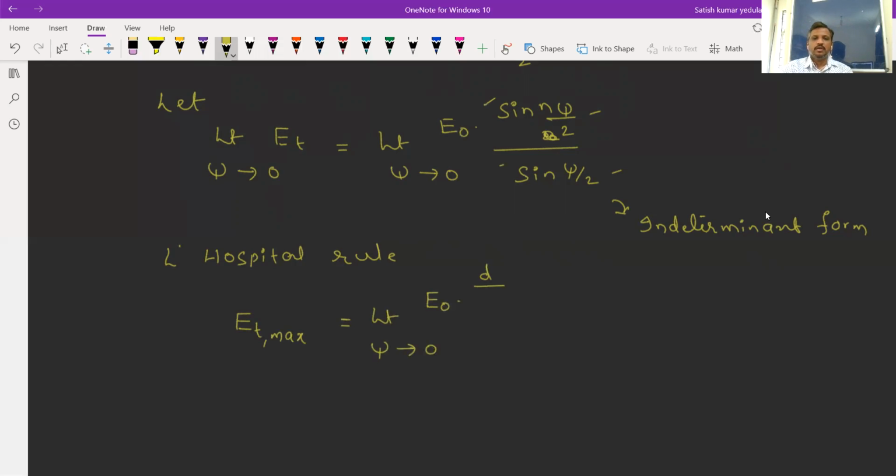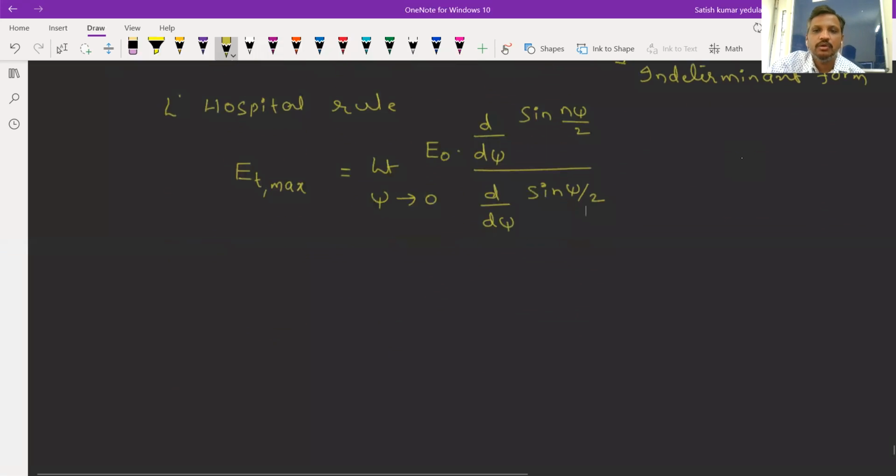This is d/dψ of sin(nψ/2) by d/dψ of sin(ψ/2). Now E0 you take out of that limit.